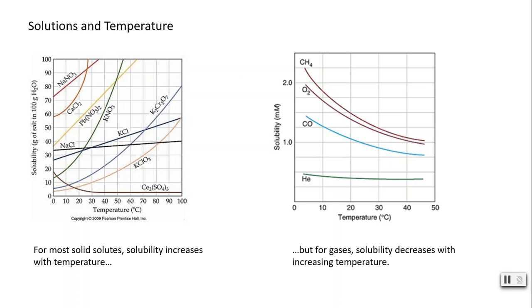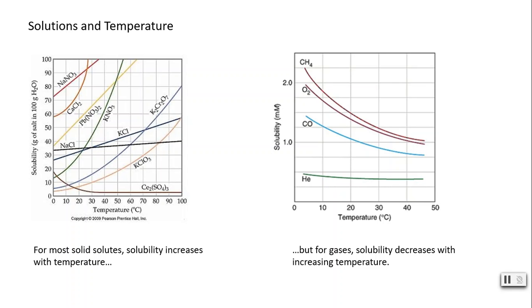Now, why that is the case, you talk about more in other chemistry classes. But this concept of solubility of gases decreasing with increasing temperature, you probably already knew just from when you boil ordinary tap water. When you boil water, before that water reaches the boiling point, before you break apart all those intermolecular forces between water molecules to change the state from liquid to gas, you see little bubbles form. Those bubbles are mainly dissolved air, mostly nitrogen and oxygen, coming out of solution.